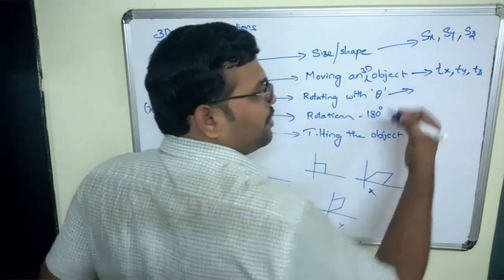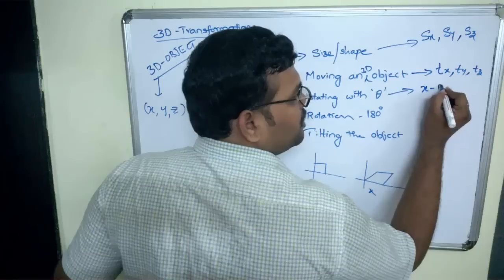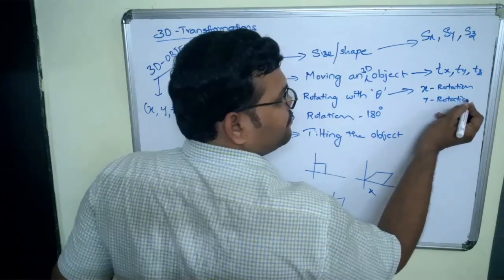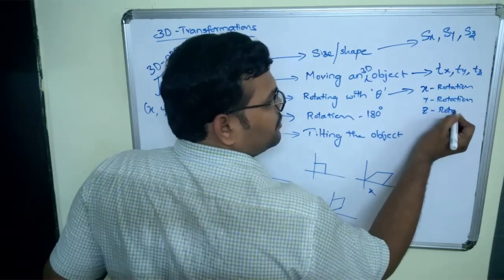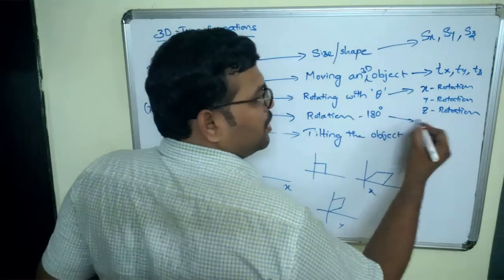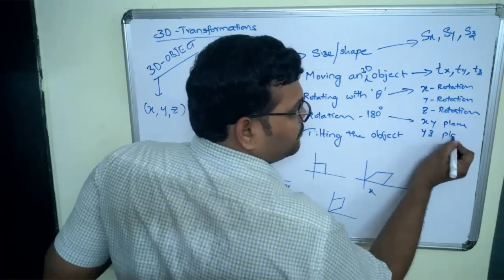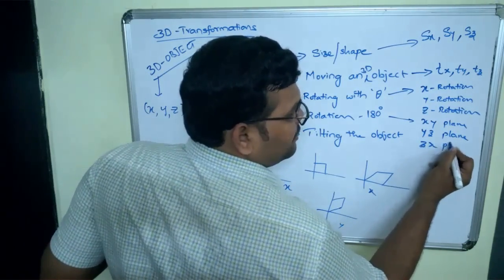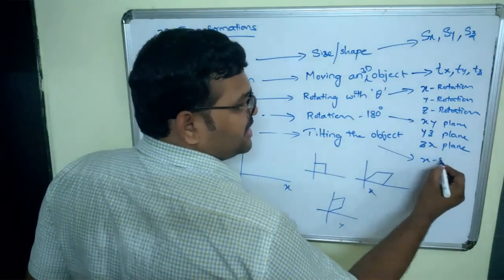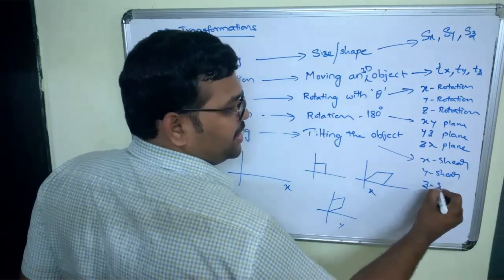Here there will be 3 rotations: with respect to x-axis rotation, y-axis rotation, and z-axis rotation. Reflection is with respect to the xy plane, yz plane, and similarly zx plane. Shearing is with respect to x shear, y shear, z shear.